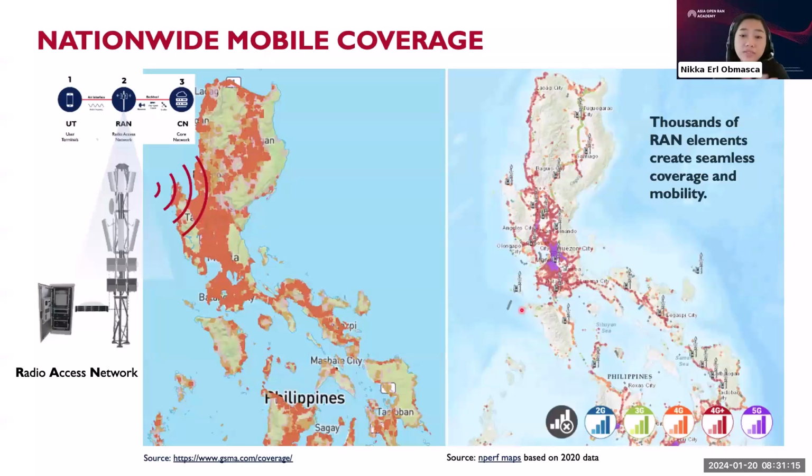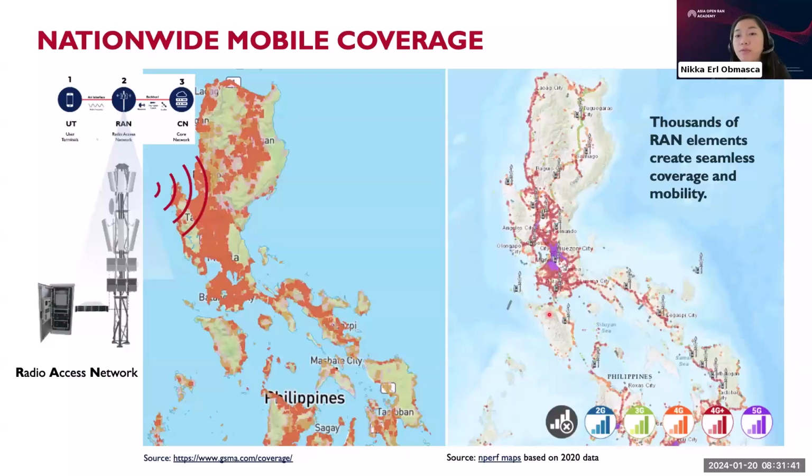The placement of these RAN components also affects the overall network performance, such as call quality, data speeds, and network capacity. There's a lot of things to consider, but the goal is to give users optimized network performance so that the operators can ensure a high quality and reliable network experience.